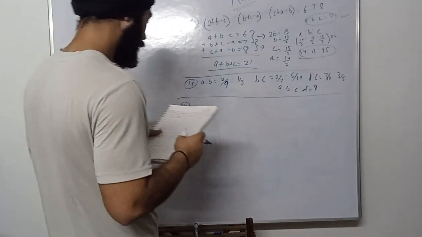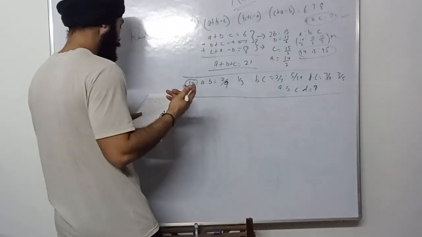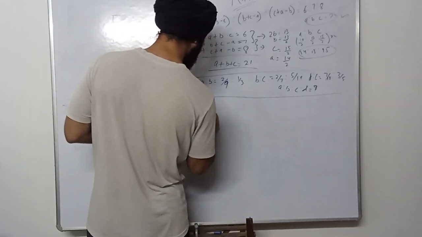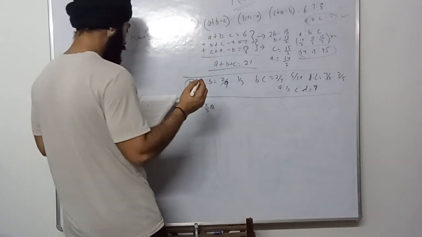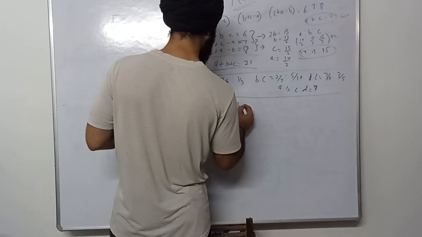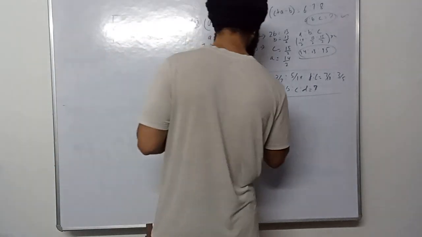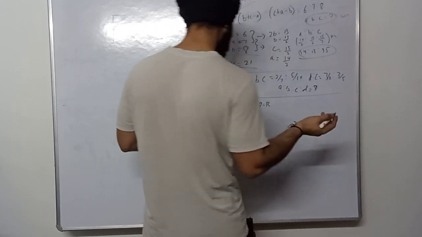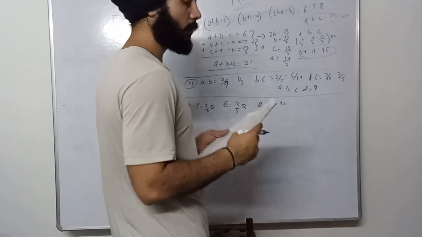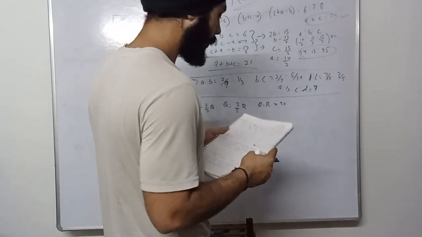There are 3 numbers P, Q, R such that P is 2/3 of Q, and Q is 3/5 of R. If the difference between Q and R, Q minus R, or you can say R minus Q, is 40, you will get to know which it is: Q minus R or R minus Q. Then find the product of the 3 numbers.